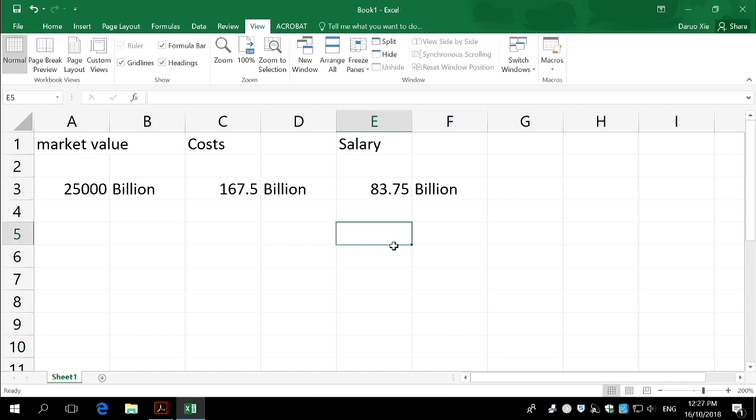Suppose, on average, each individual worker in the finance industry earns, say, 0.1 million per year. That's an individual salary, right? Okay, so this divided by that.